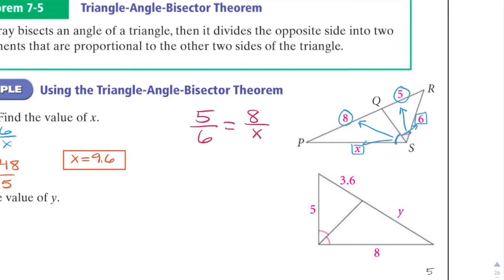Side opposite the angle in the right triangle, side near it in the right triangle, equals side opposite in the left triangle divided by the side that's near the angle in the left triangle. So this one again, we get 5x equals 48. We're not going to set it up like that, but you can.